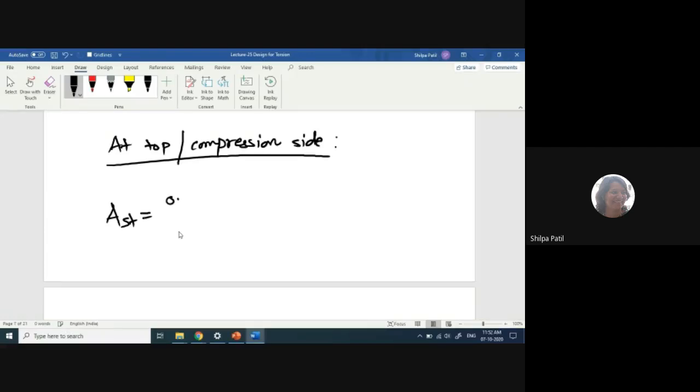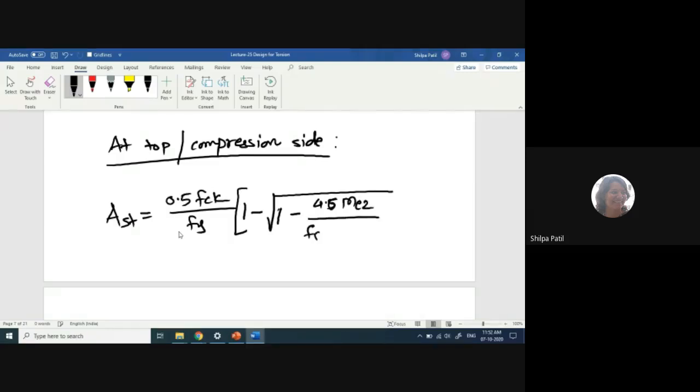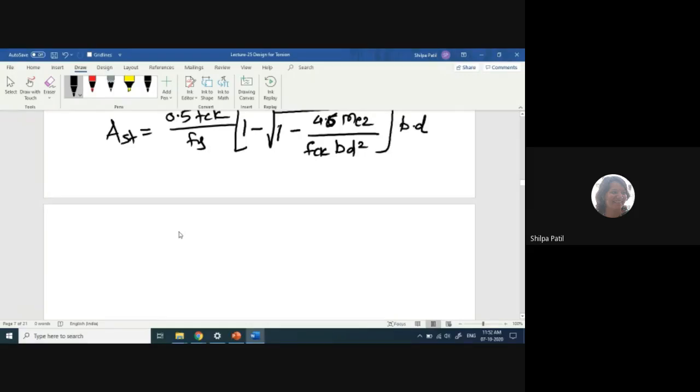So again I will write down the formula only, 0.5 FCK upon Fy into bracket 1 minus root 1 minus 4.6 ME2 divided by FCK BD square into BD. Okay, 4.6. So put the values and find out AST. Again, you need to compare this value with minimum and maximum values.